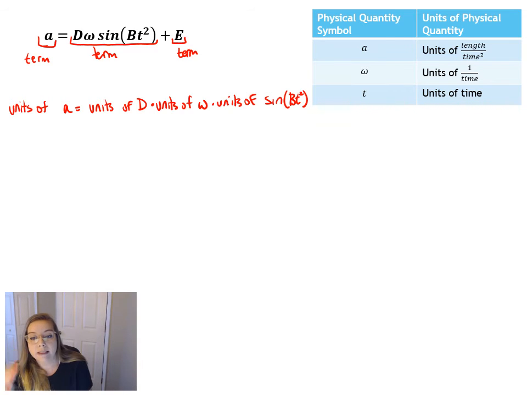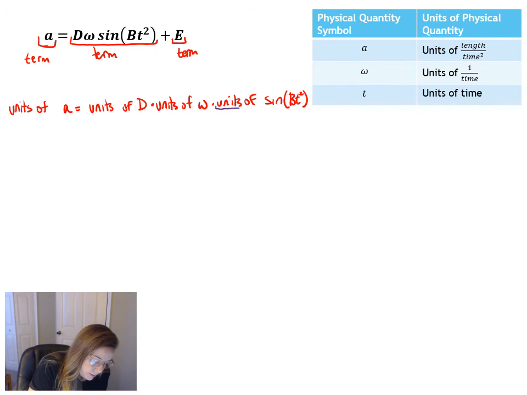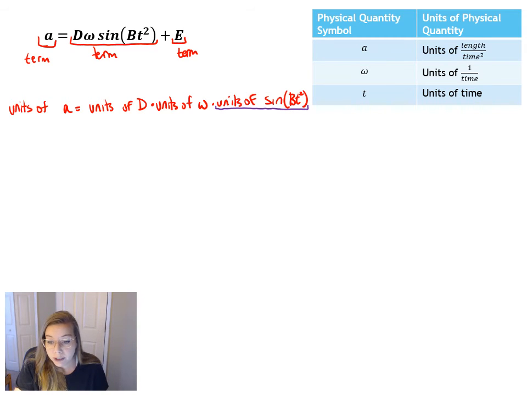So let's go back to this, and let's start. I want to do one thing before we actually solve for the units of D. Notice how I wrote there the units of sine BT squared. Recall that trig functions and exponential functions give us unitless quantities.